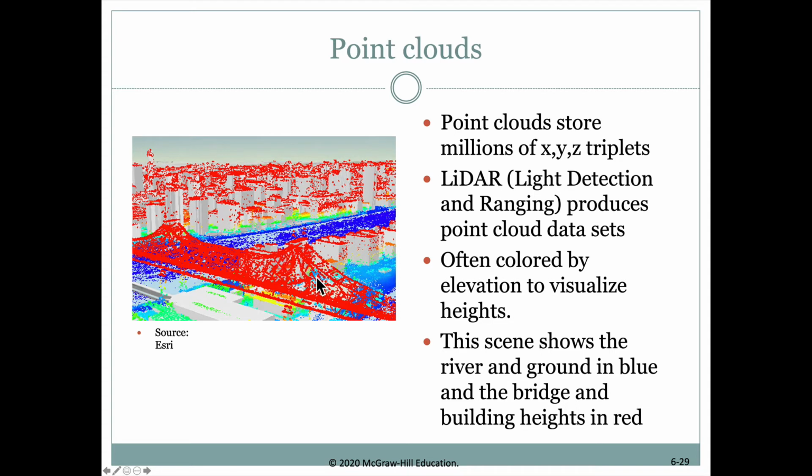We can clearly see where the bridge is here and the tops of some of the buildings and the land. All of those things stand out by their differences in elevation. So these are often colored based on the elevation, and we're able to see a 3D rendering of the area in this way.